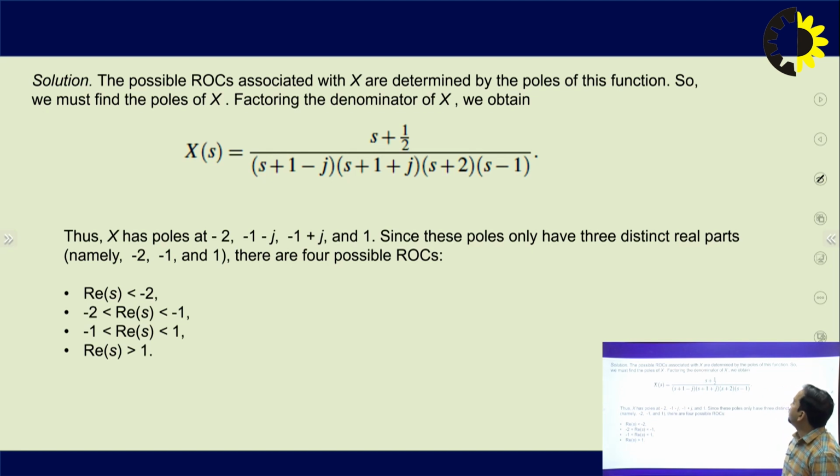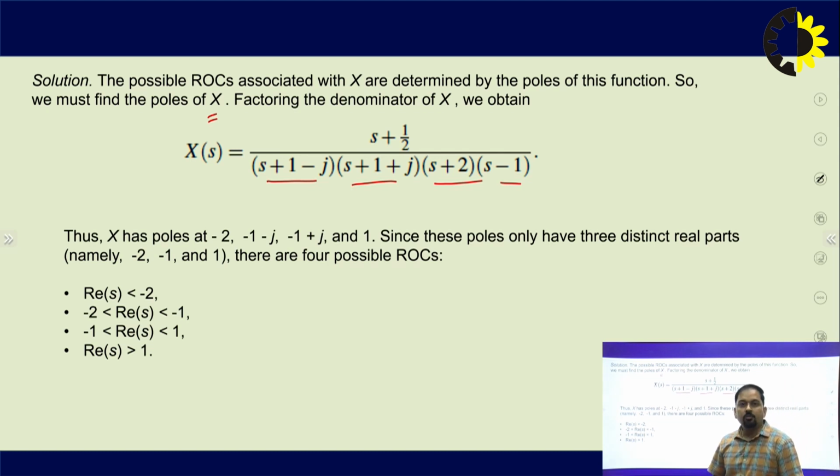The possible ROCs associated with the transform are determined by the location of poles of the function, so we must find the location of poles. Poles are the values of S for which the transform becomes infinity, and zeros are those values of S for which the transform becomes 0. The location of zeros is where the numerator equals 0.